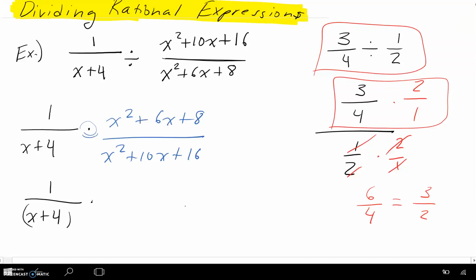Since I was writing the second one in blue, I have to write this one in blue. What multiplies to 8 but adds to 6? Plus 4, plus 2. And now let's factor the denominator: x plus 8, x plus 2. So you're thinking, oh wow, I can actually cancel these out right now.